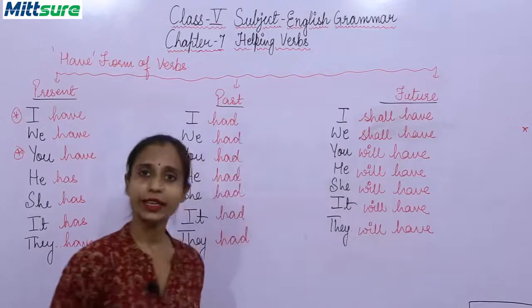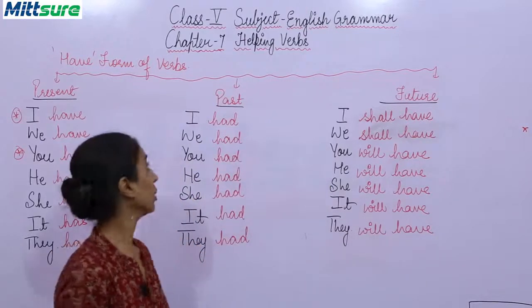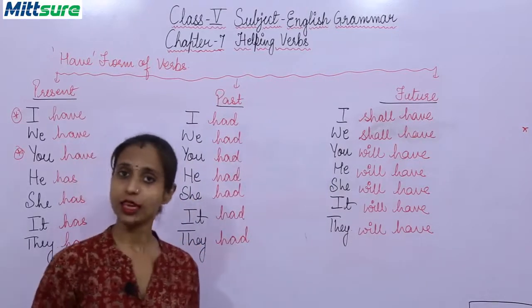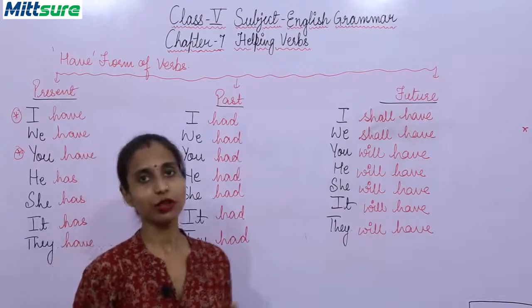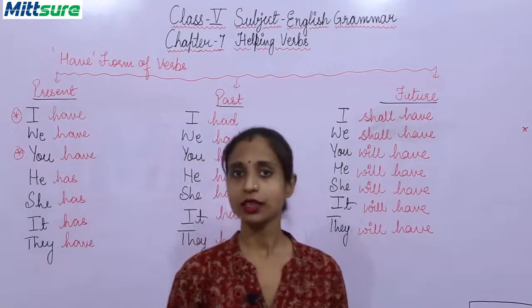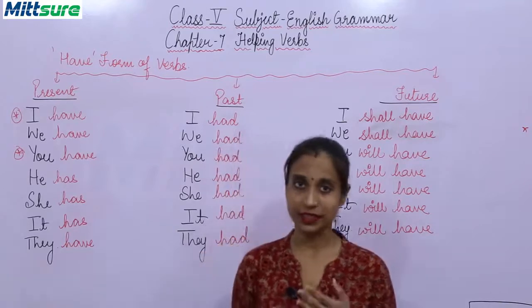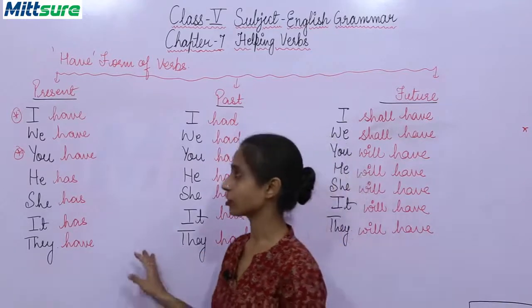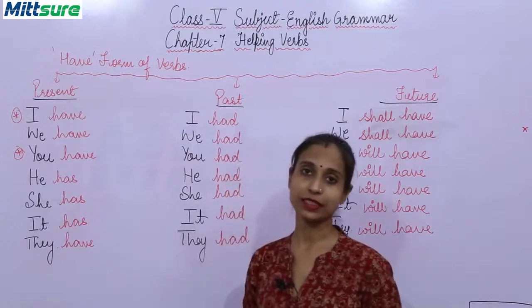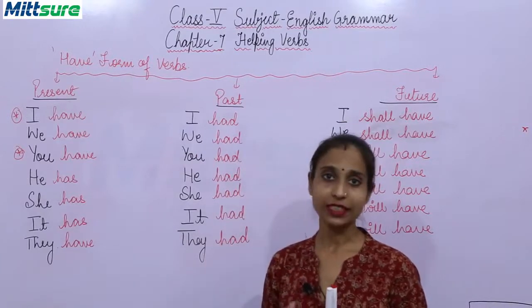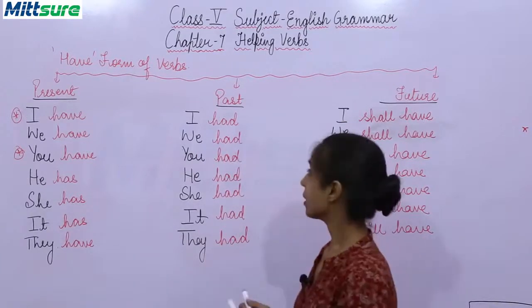I hope has and have forms of verbs are clear to you. I told you the have form of verb tells you the possessiveness of a noun or a pronoun, fine, possessions, and it also helps us in making perfect tenses, right?